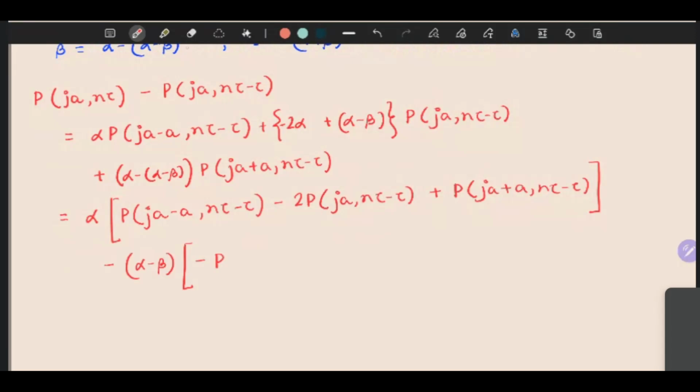So this will be p J A plus A n tau minus tau, and here this will be minus p J A n tau minus tau.